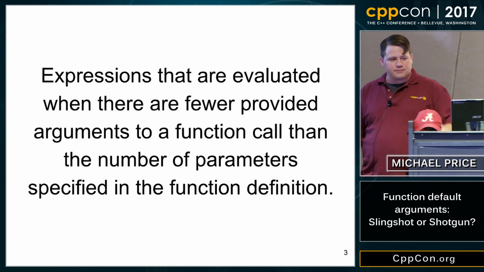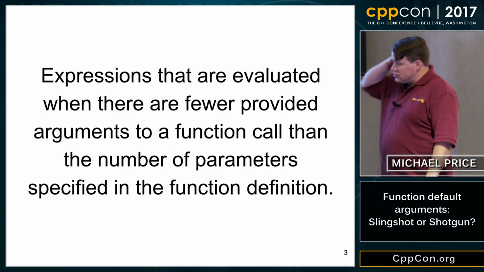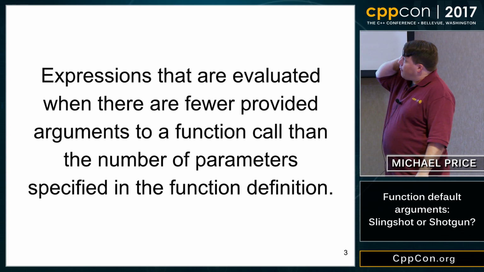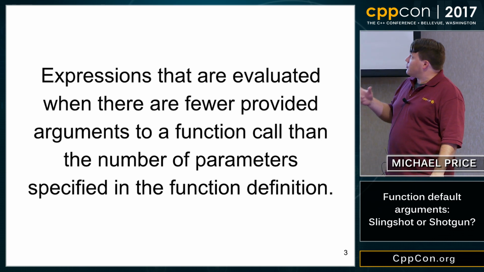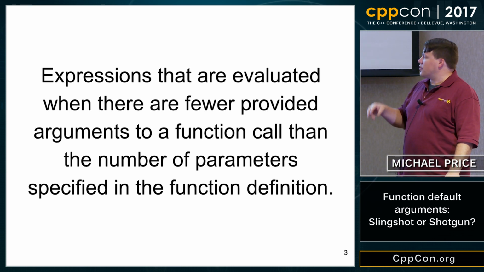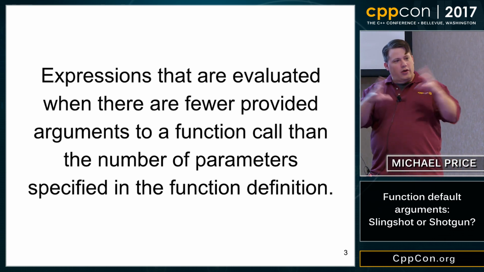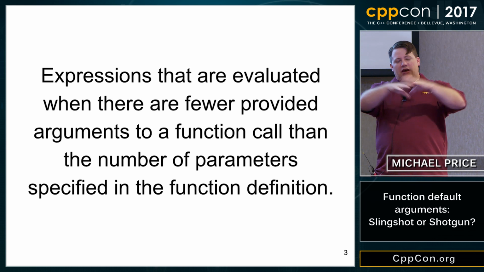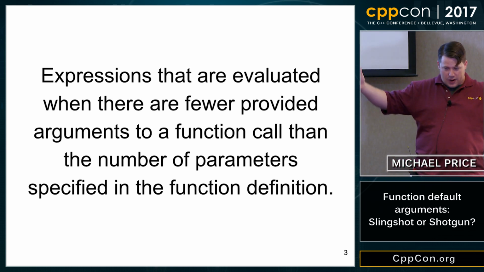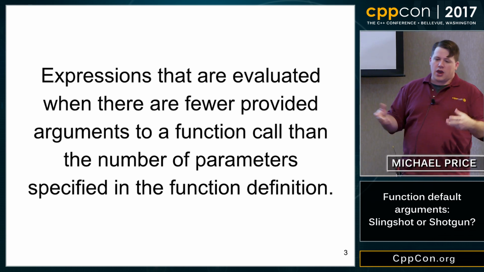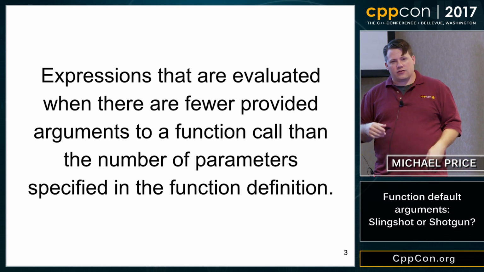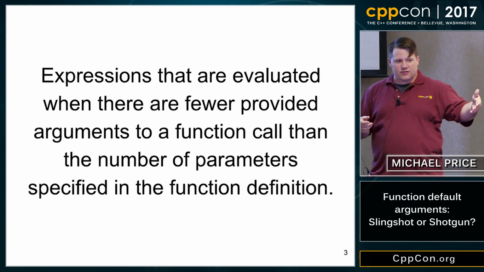So the basics. A function default argument are expressions that are evaluated when there are fewer provided arguments to a function call than the number of parameters specified in the function definition. So with all those words, you have a declaration or definition of a function, and it's got 4 parameters. You have a call site for that function that only provides 3 arguments.